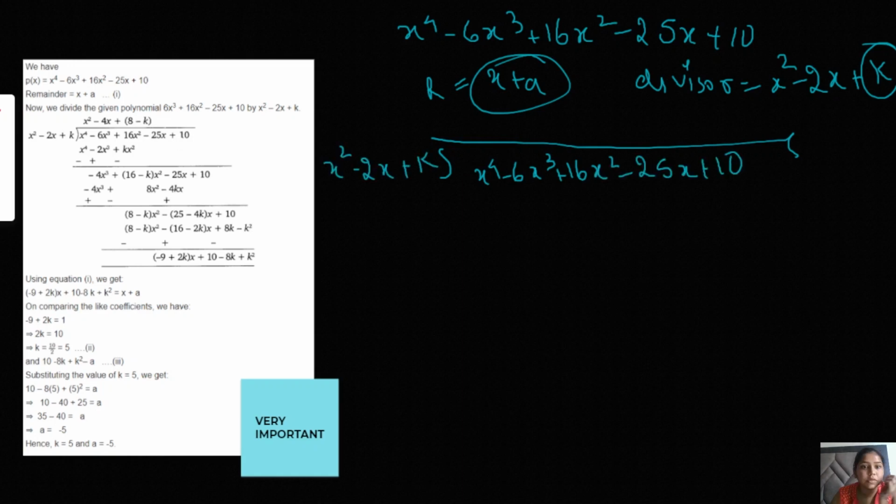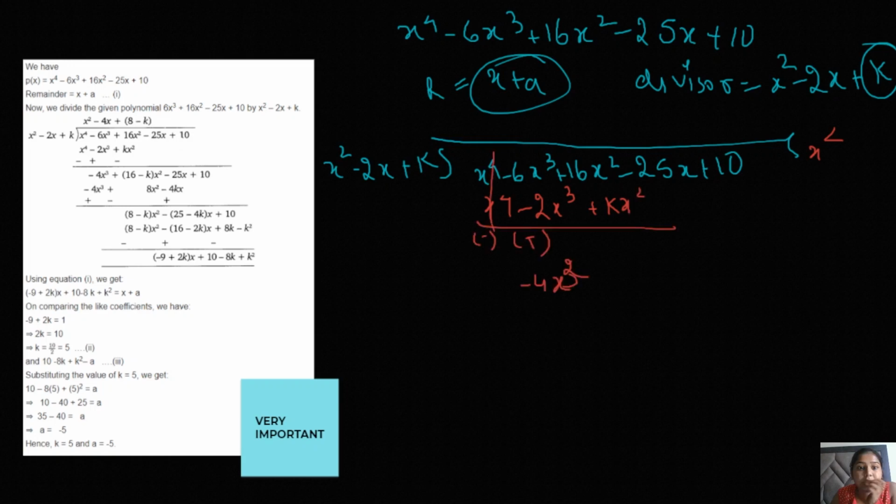Okay, so first of all, divide by x²: x² minus 2x³ plus kx². So after changing the signs, we will be getting minus 4x³ plus (16 minus k)x² minus 25x plus 10.